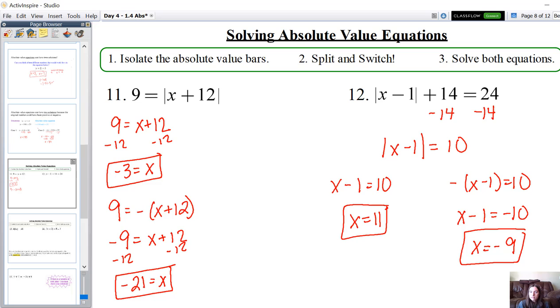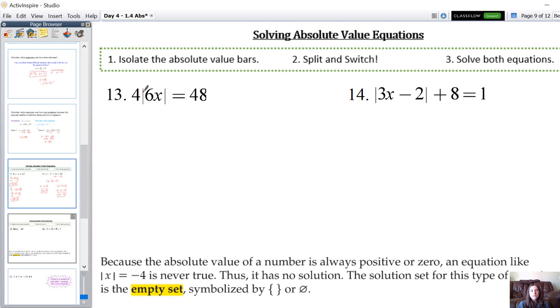Let's keep on going. We have 4 times the absolute value of 6x equal to 48. This is still not isolated. We have this 4 out front that's attached to it, so we need to divide by 4 first. So now on the left, we have the absolute value of 6x equal to 48 divided by 4 is 12.